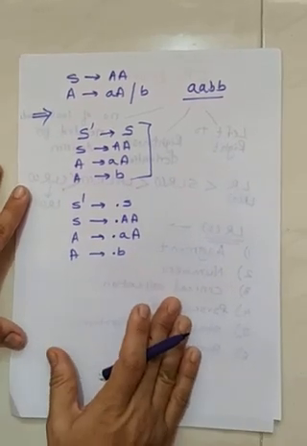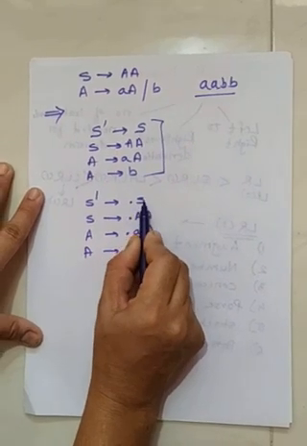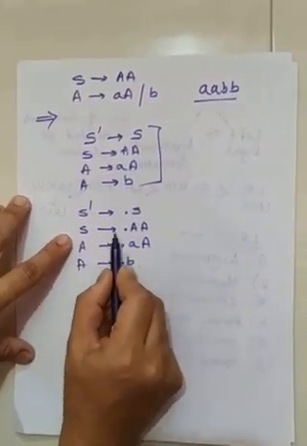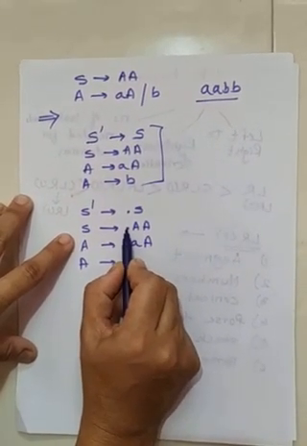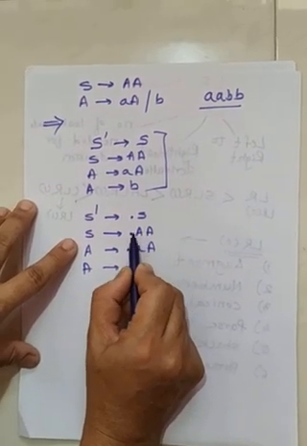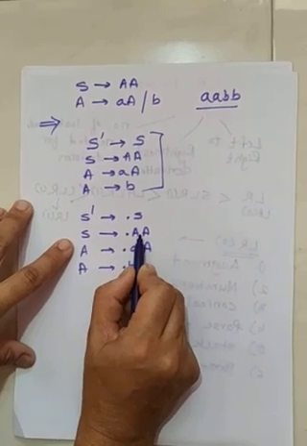While doing the parsing, we have to shift this dot after each symbol. So for example, here S is producing dot AA, so the dot is at the start position. Now when I parse a variable, a non-terminal, this dot will get shifted to the second position.